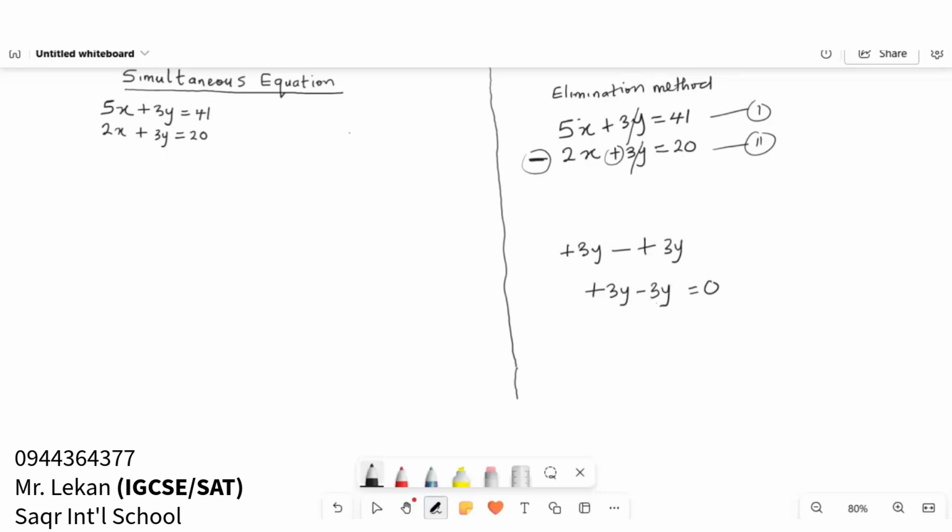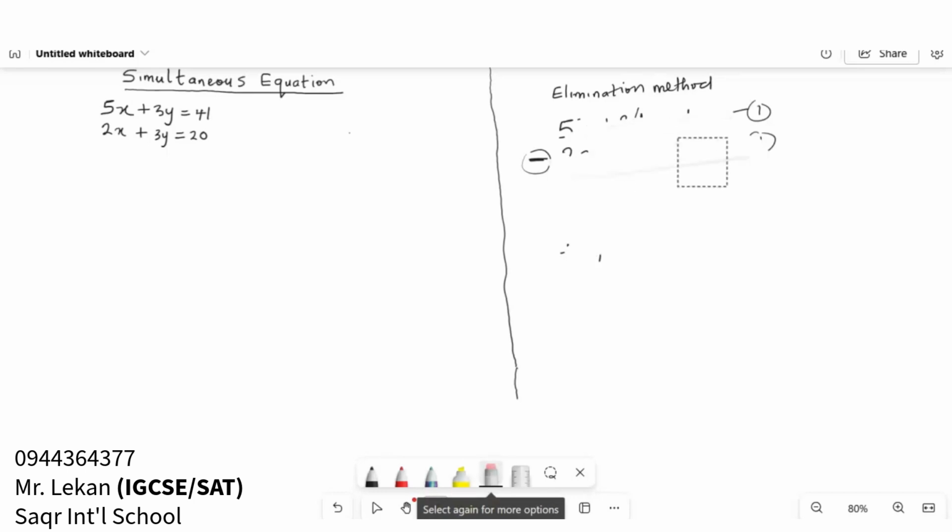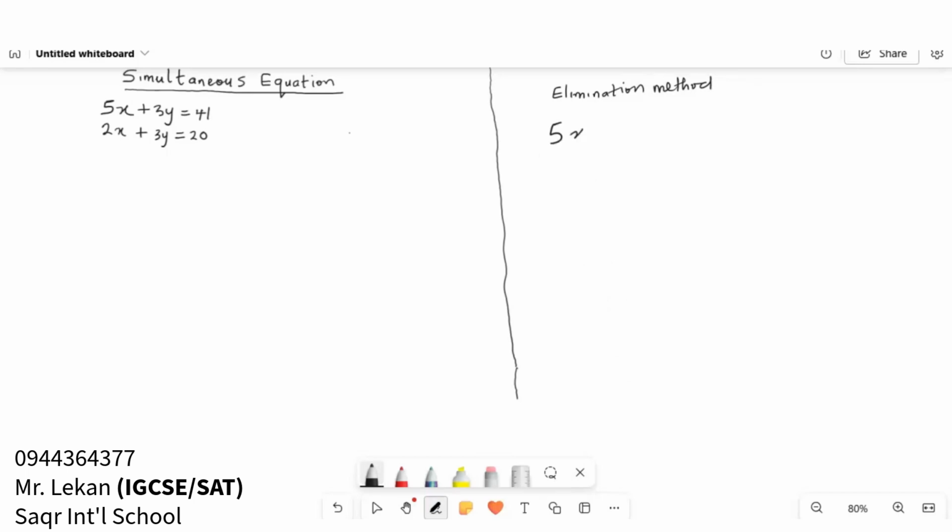Now, the other way around, what if one of these signs, what if both of them are not positive? What if one of them is minus? Let's see what we can do. Now, let me clean this fast. See, we have 5x.